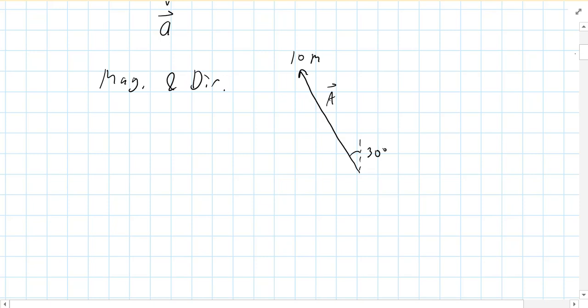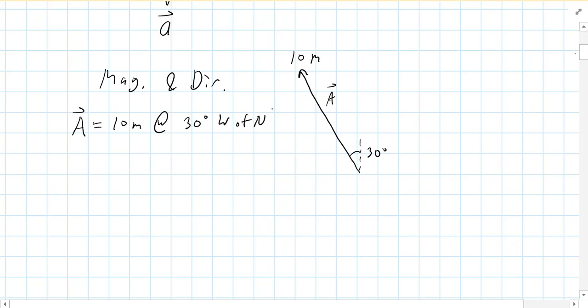So how would you write that as a magnitude and direction? Well, it turns out there's a couple ways to do that. You would say vector A is 10 meters, then you write a little at sign, the ampersand sign, that gives a direction, says at. One way to write this would be 30 degrees west of north.